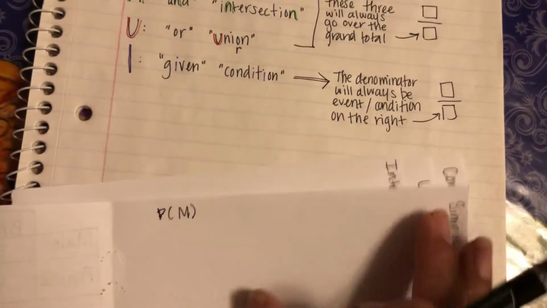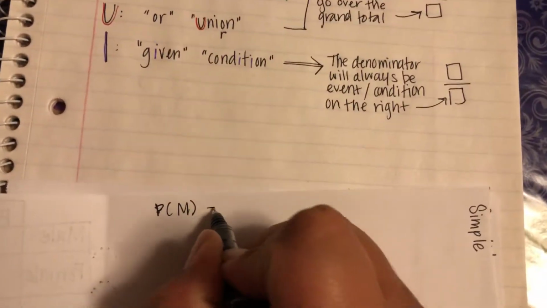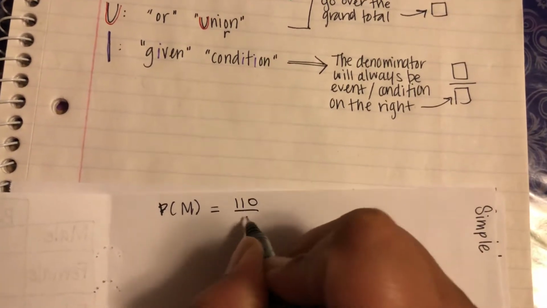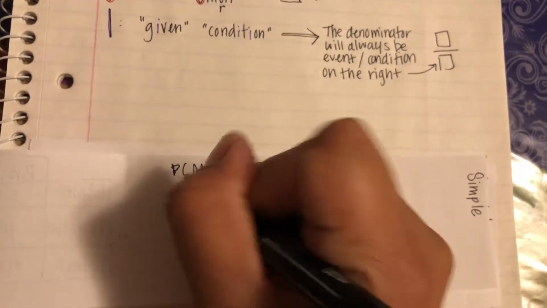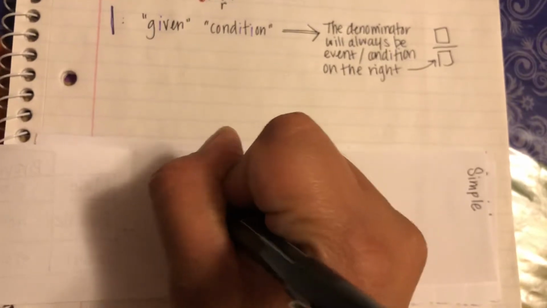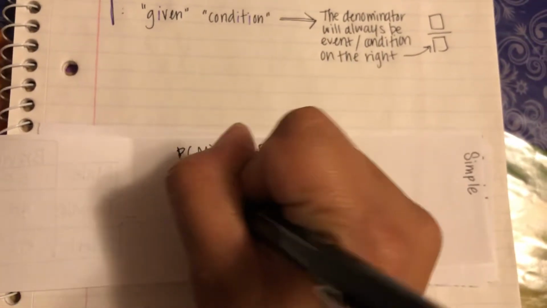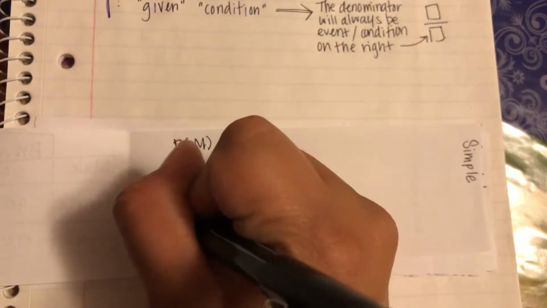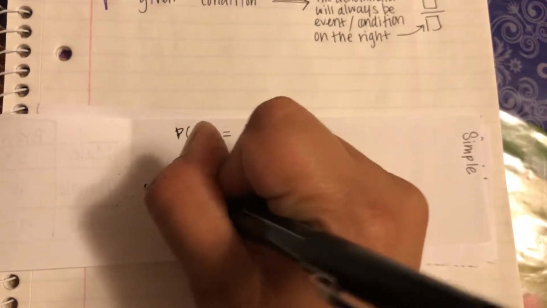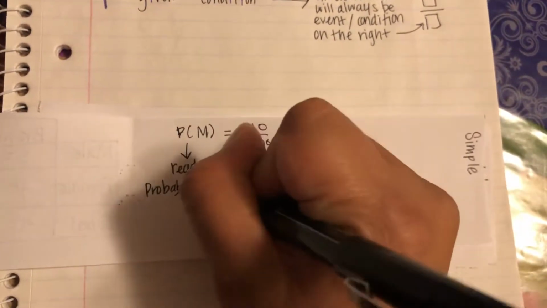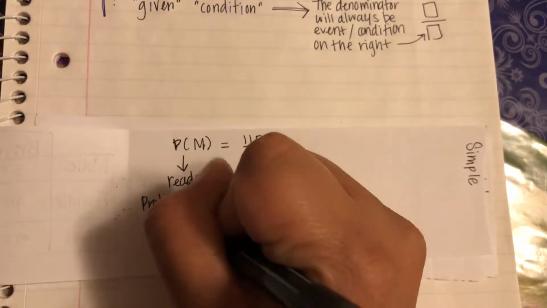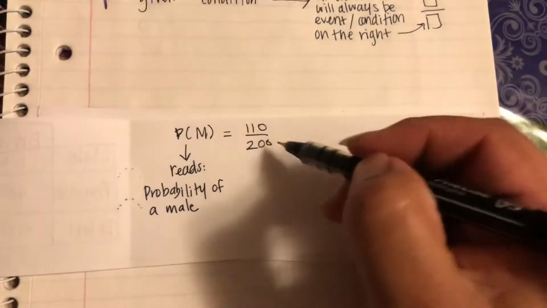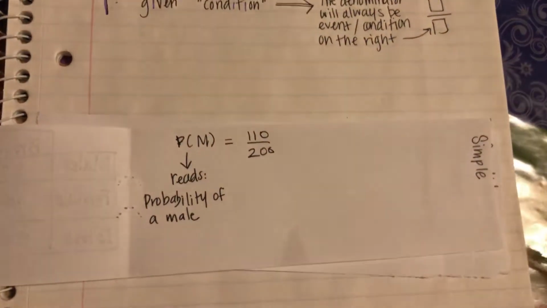But remember that we told you that you need to be able to read math. So how does this read? It reads probability of a male is 110 over 200.